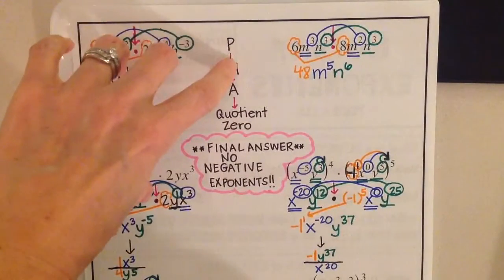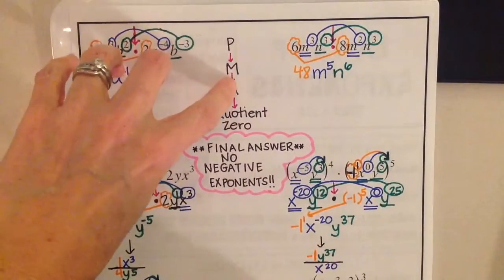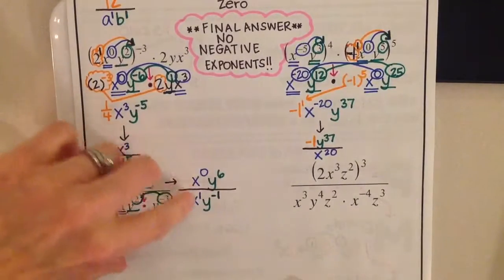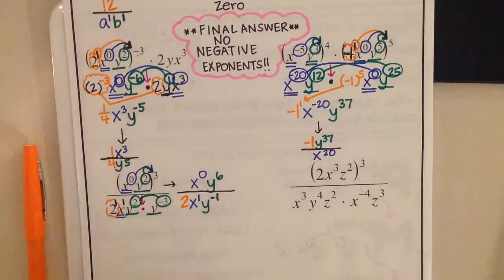Okay? All right, so now we have the quotient rule. Remember we worked power to a power, we had multiplication, so we added. Now we got to look at the quotient rule, which means we're going to subtract. So again, we're going to identify our bases. We got x and x. So here's how this works. It's always top minus bottom.